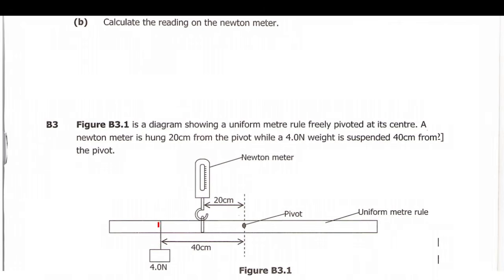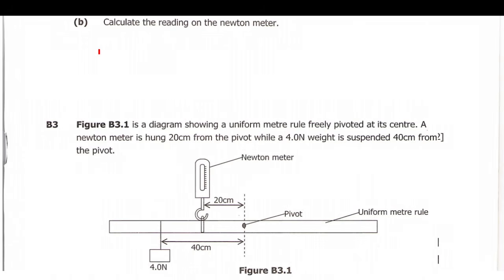Then we also have this weight here, which is hung, meaning it has a force facing downward, trying also to give it an anti-clockwise moment in that way. So they are saying calculate the reading on the Newton meter.